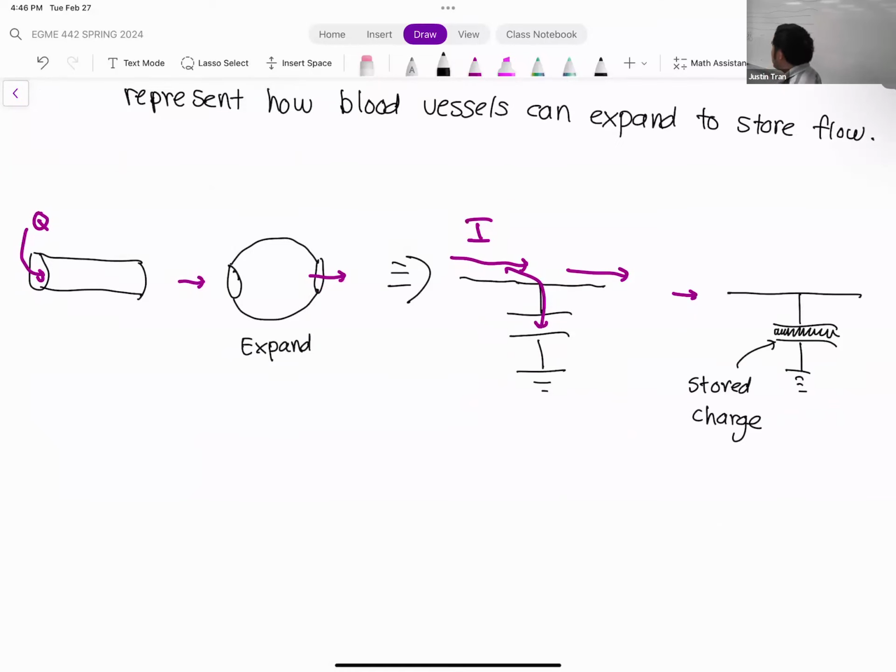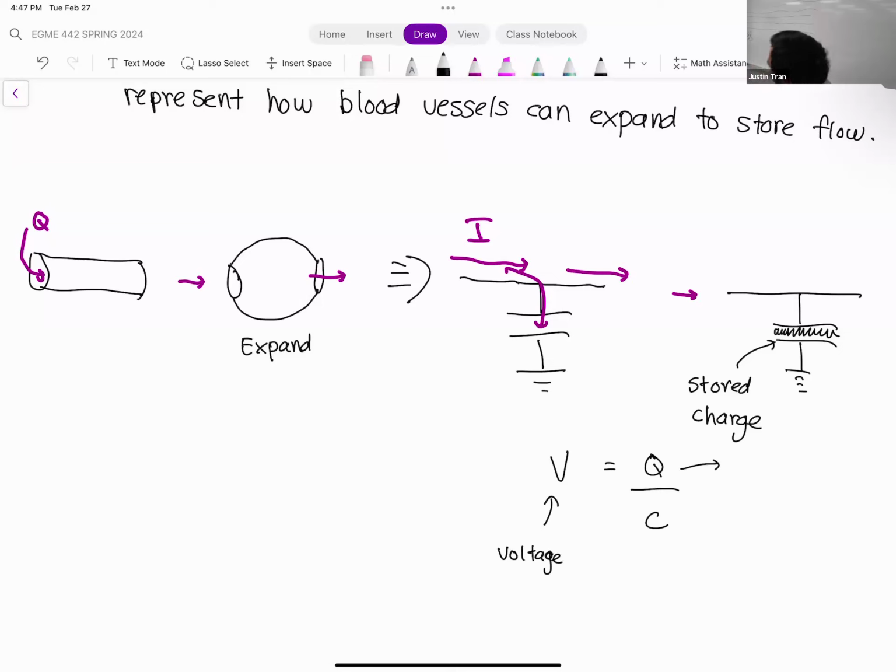Just like we did with the resistors, let's talk about the equations we use to model this behavior. For an electric capacitor, the voltage on a capacitor is equal to the charge divided by the capacitance.